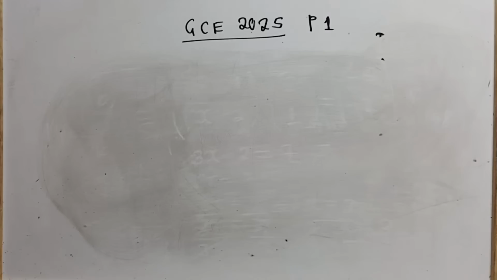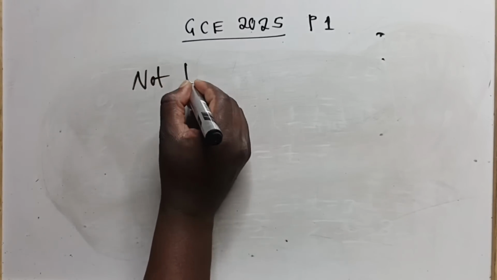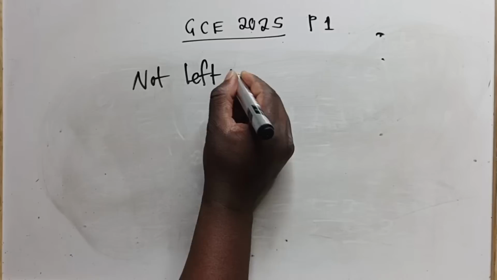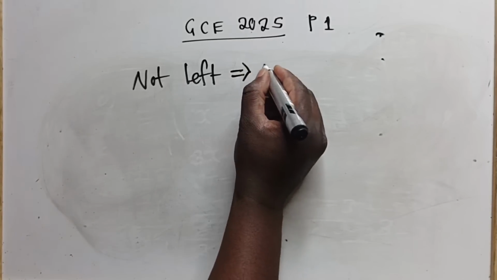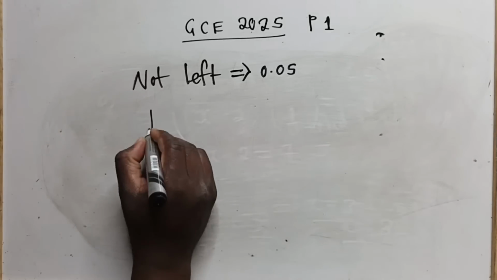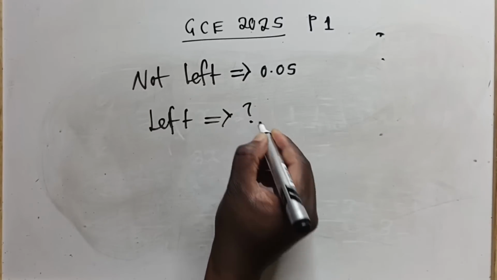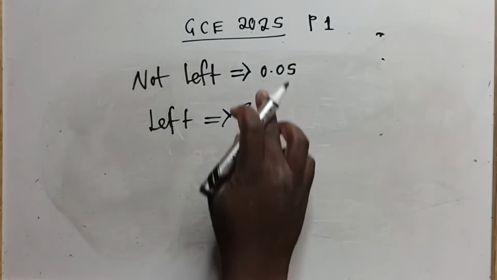The question reads: the probability that Gift will not be left for the job interview is 0.05. What is the probability that he will be left? So we are looking for left. We don't know. So the probability that Gift will be left is this one.